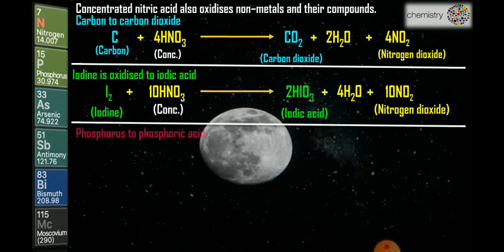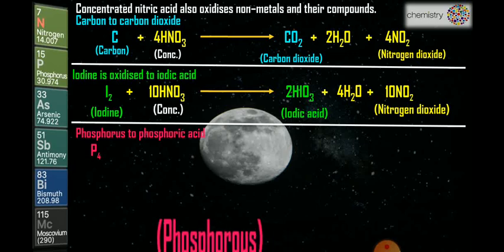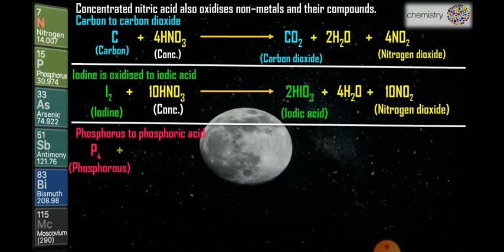The third one, the non-metal phosphorus, on treatment with concentrated nitric acid, undergoes oxidation into phosphoric acid. P4 is a molecule of phosphorus. On treatment with concentrated nitric acid, 20HNO3, it gives 4H3PO4.